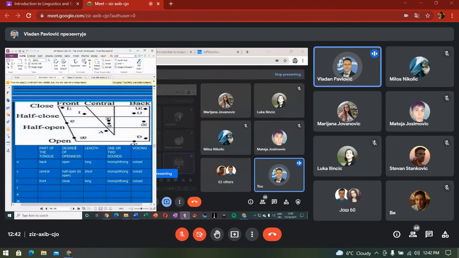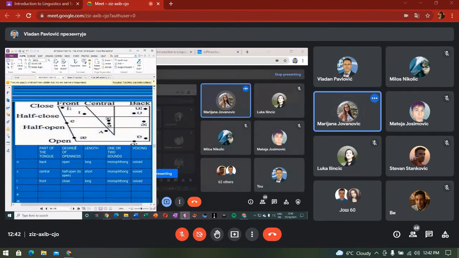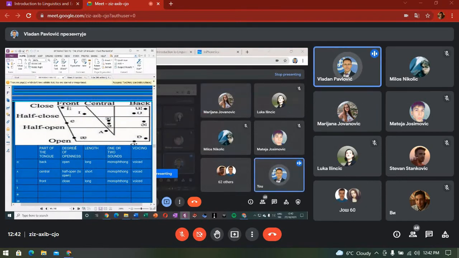Is it ooh? No, it's ah, because it is quite open. We open our mouth quite a lot. So this is a closed position, more or less, half closed, half open, and open. So the open vowels are, for example, ah, or oh, or eh, as in man, or as in bad. That was very bad. There was a strange man. So eh is also quite open.